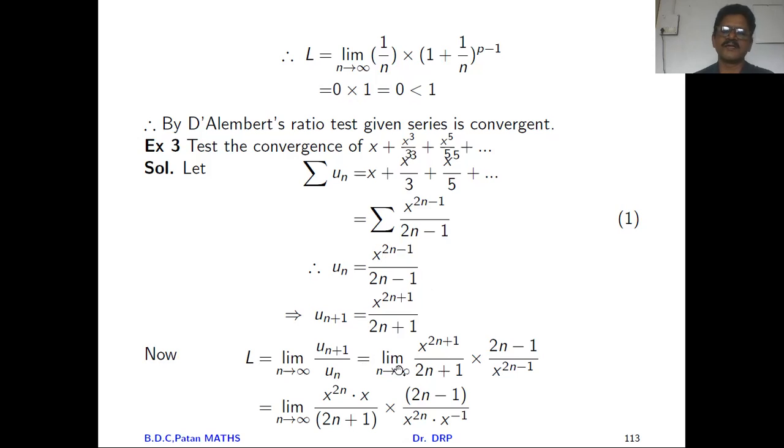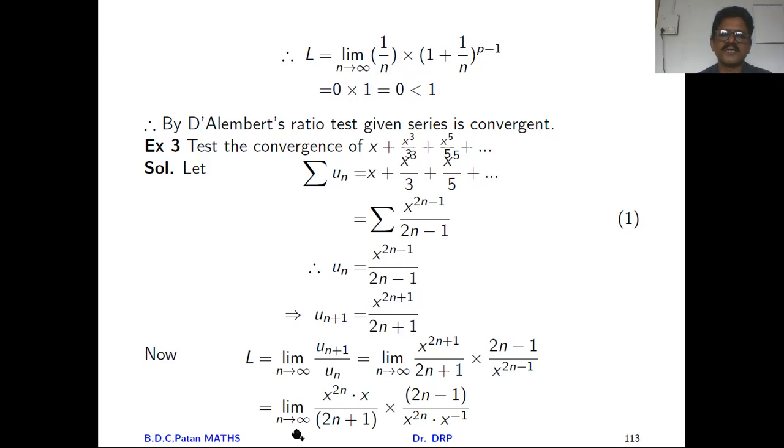And that limit you will get as follows. This is the value of un plus 1, that is x to the power 2n plus 1 divided by 2n plus 1, into 1 upon un. If you take the reciprocal, its value will be 2n minus 1 divided by x to the power 2n minus 1.